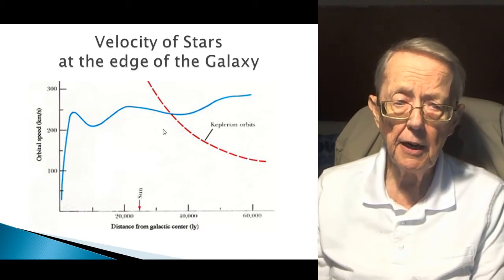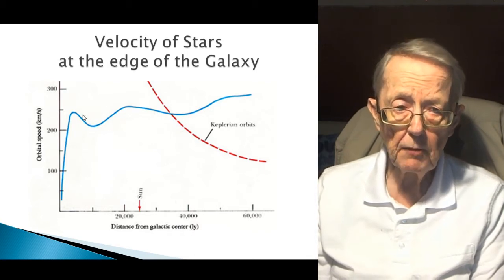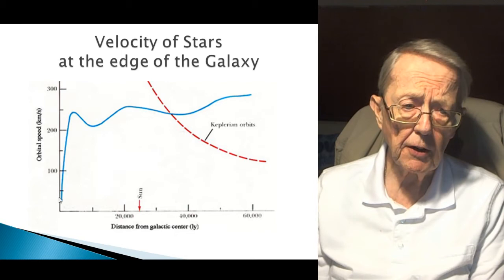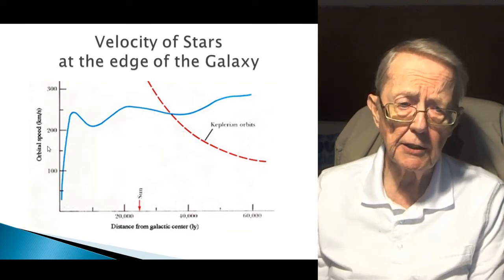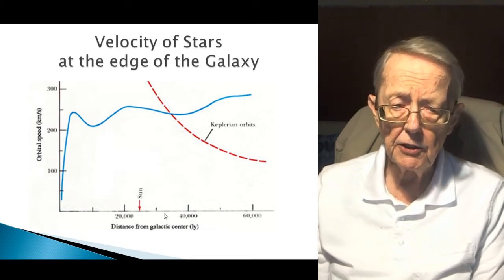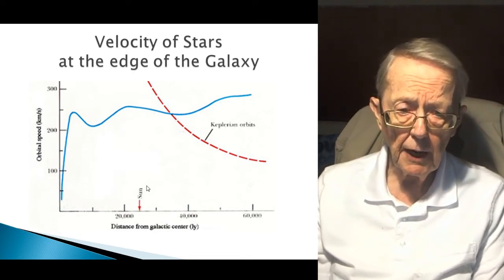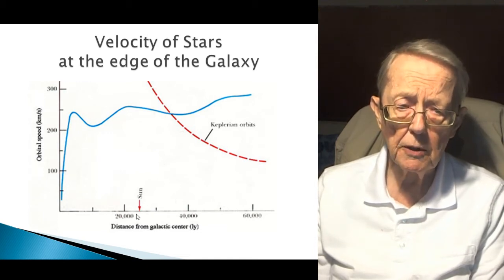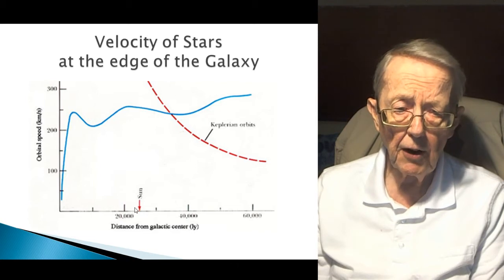Now, this is a typical graph, one I'll be using throughout. It has a vertical axis, which has the velocity in kilometers per second. It has a horizontal axis, which is in light years. And right here is showing where our solar system is, how far it is from the core.